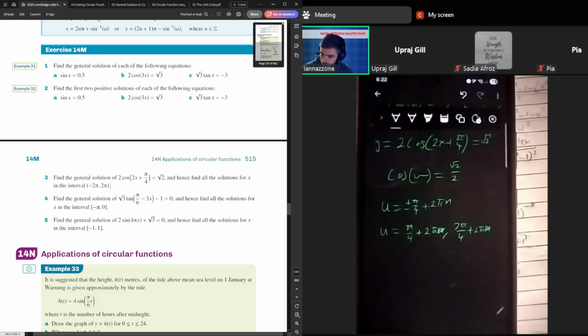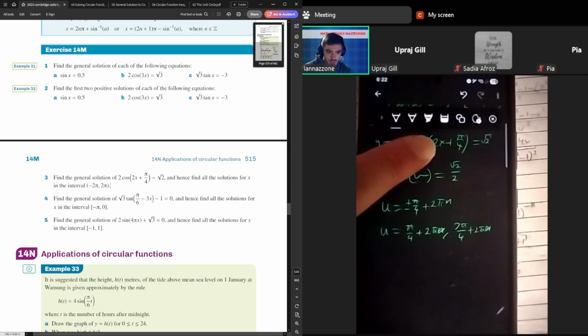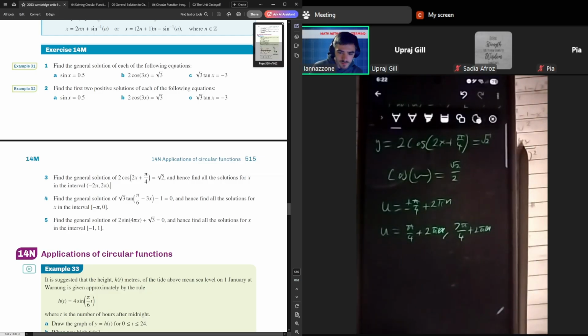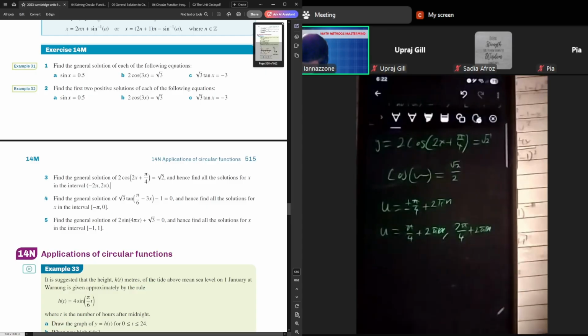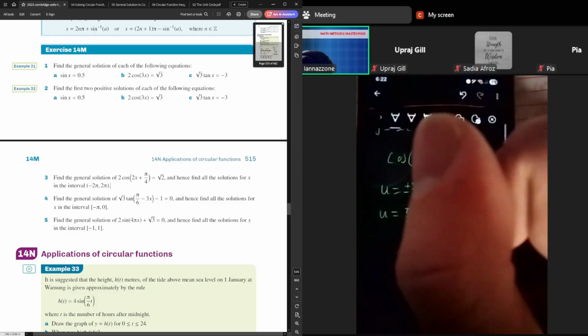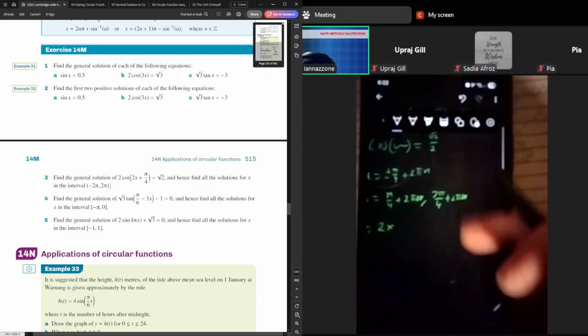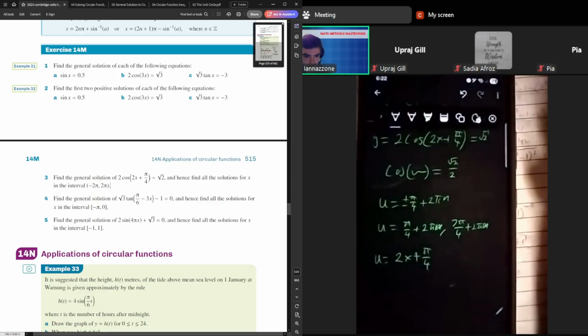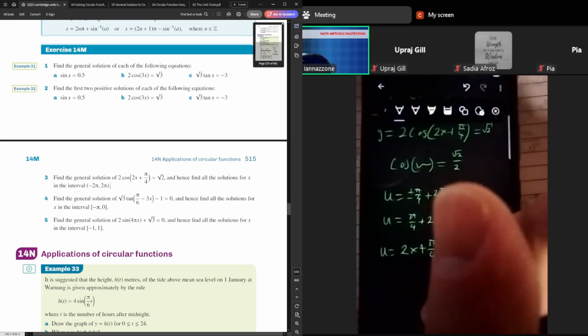Yeah, you subbed in your two values, positive and negative 2 pi, into the x spot on the u. Okay, I'll solve that on my own so I can verify that answer, but that is what you do. I'll do that on here. u equals 2x plus pi on 4, and then sub those two in.